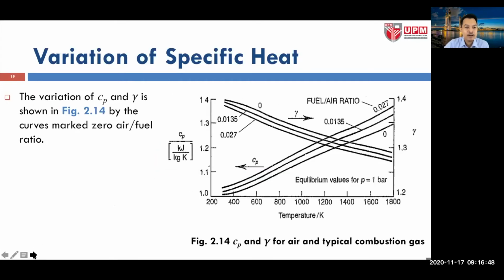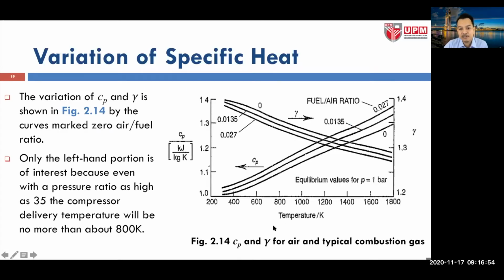So the variation of Cp, specific heat capacity at constant pressure, and gamma is shown clearly in this figure 2.14 by the curves marked 0 air fuel ratio. This is the specific heat capacity, and then we also have the gamma.